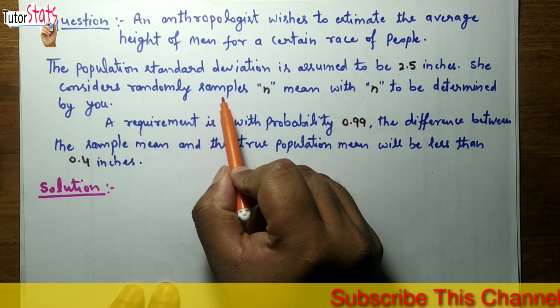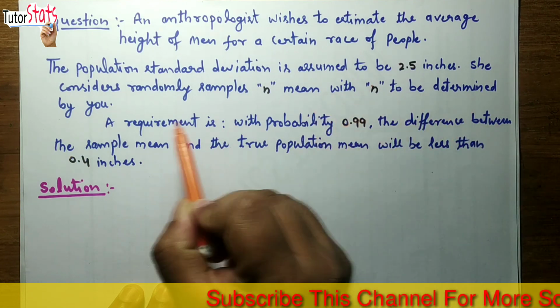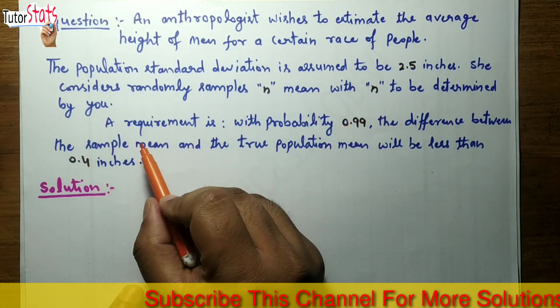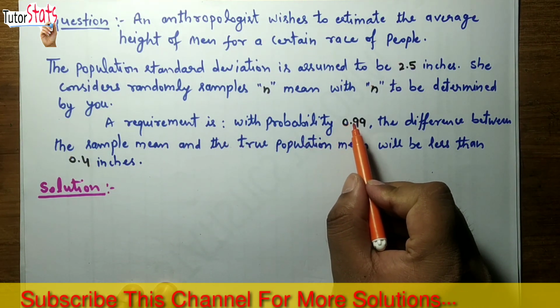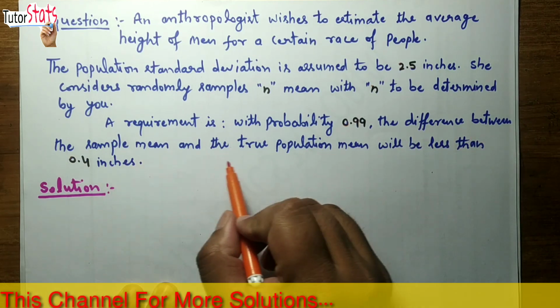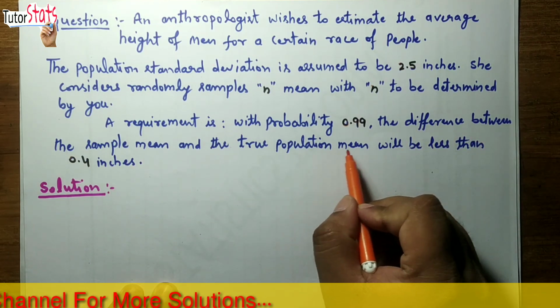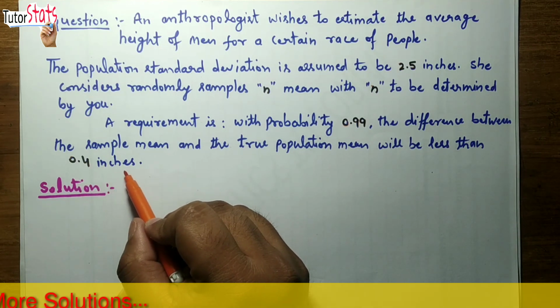She considers random samples of men, with n to be determined by us. A requirement is, with probability 0.99, the difference between the sample mean and the true population mean will be less than 0.4 inches.